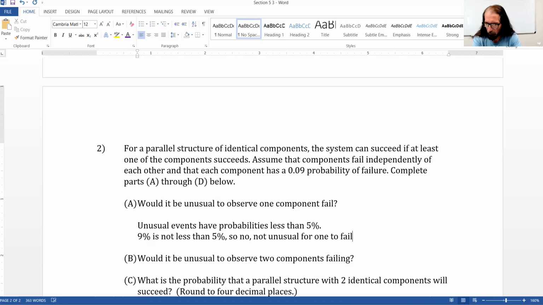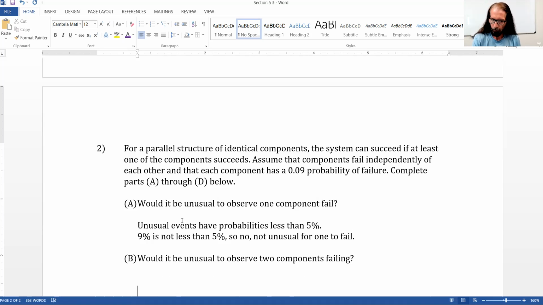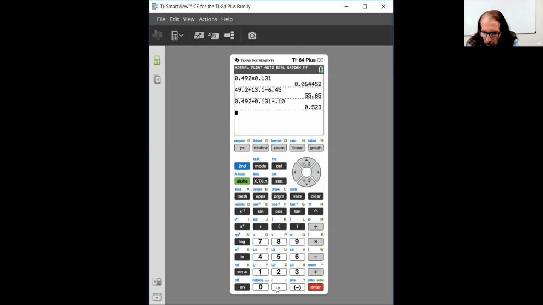But would it be unusual to observe two components failing? Let's bring up the calculator for that. Since we have that these events are independent, 0.09 times another 0.09. Or we could have typed 0.09 squared, since we're multiplying a number by itself.